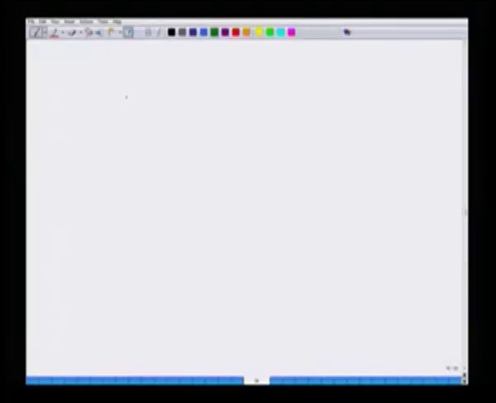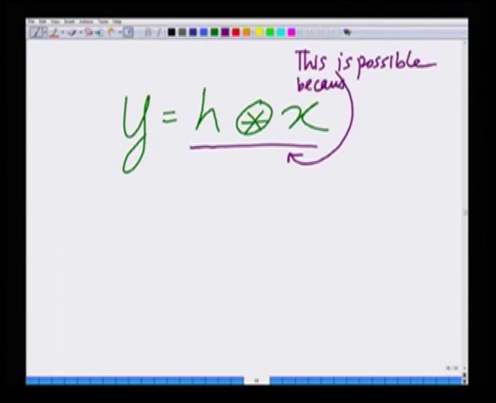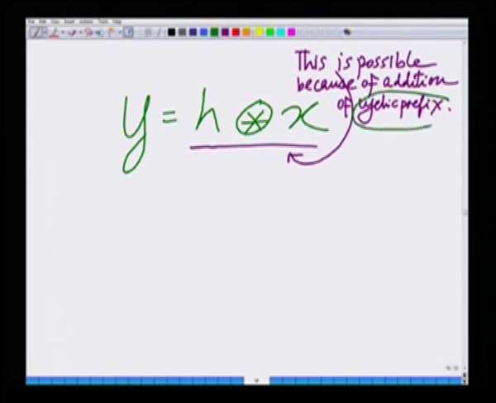So, now I can write y equals h circular convolution with x, and this is possible because of the addition of the cyclic prefix, which is the essential key, that is the key.